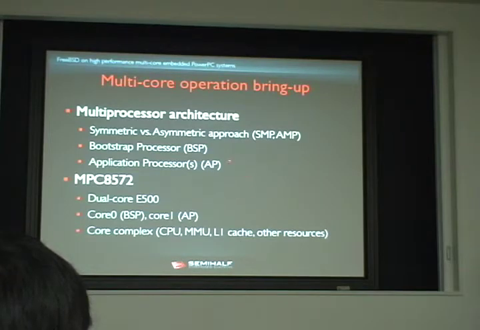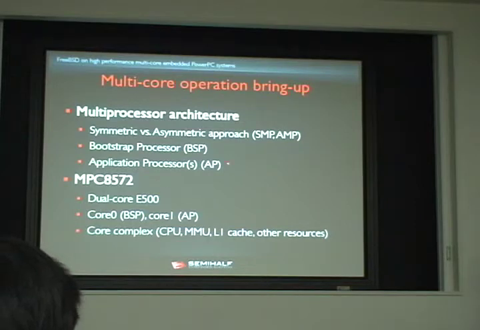We have different roles while booting such a multiprocessor system. We first notice that there's a selected CPU that actually brings up the system and then lets the other processors go. This booting processor is called the Bootstrap processor, the BSP, and all the remaining ones are APs, application processors.